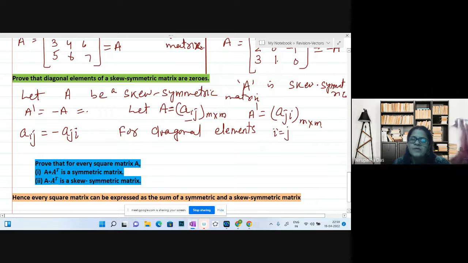Because diagonal elements means A11, A22, A33, that is, row index equals column index. So that gives us Aii equals minus Aii, or 2Aii equals 0, or Aii equals 0. So it means diagonal elements are zeros.